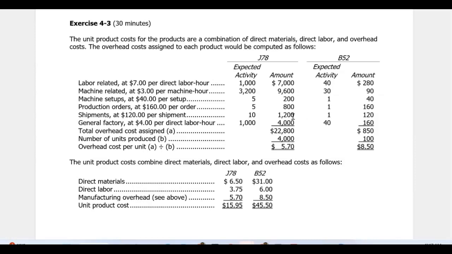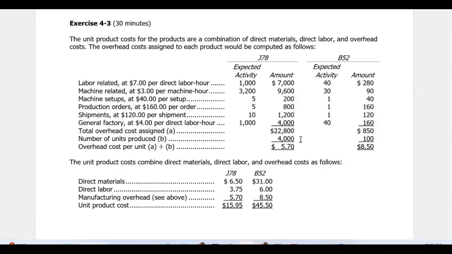That gives us 1,200. And general factory is 1,000 based on direct labor hours. And that's $4 per direct labor hour for general factory cost. So that's $4,000. Add them up. Total overhead assigned is $22,800 to this product J78 manufacturing overhead.